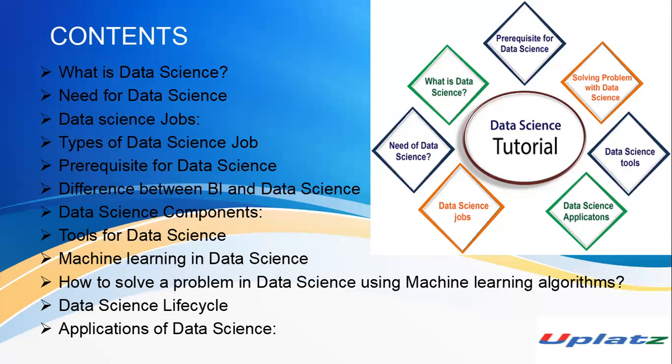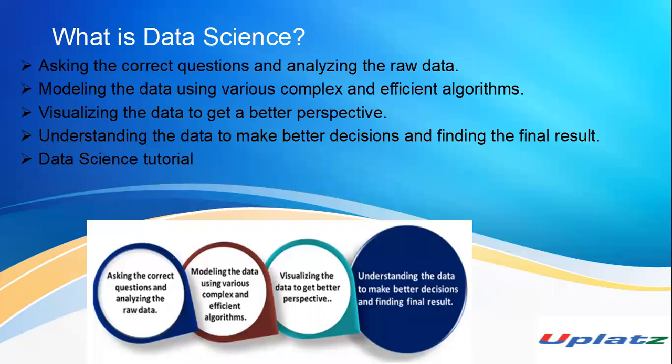So let's begin. Let's first understand what is data science. Data science is a deep study of massive amount of data. We have different types of sciences, right? Similarly, we have data science, which is a deep study of massive amount of data.